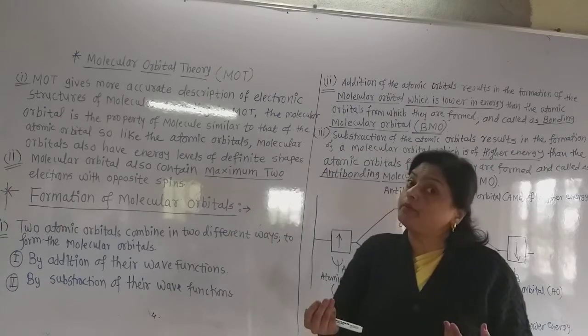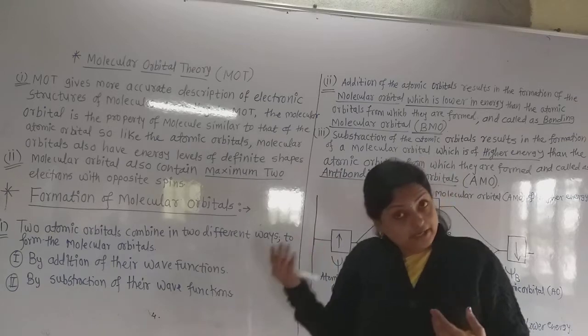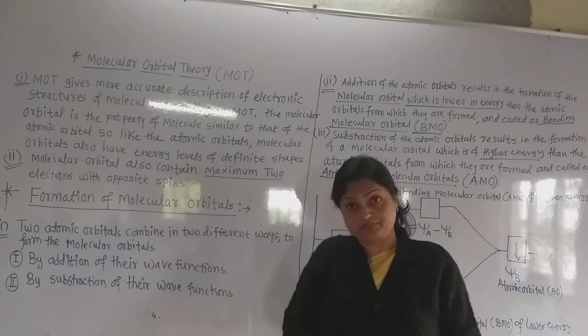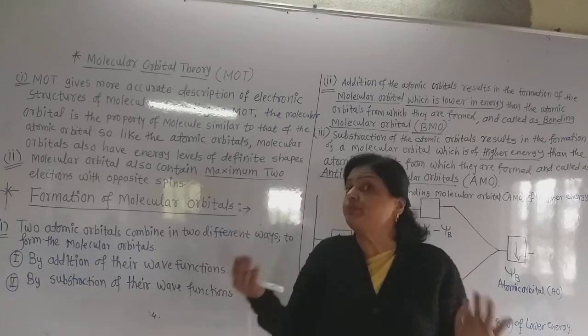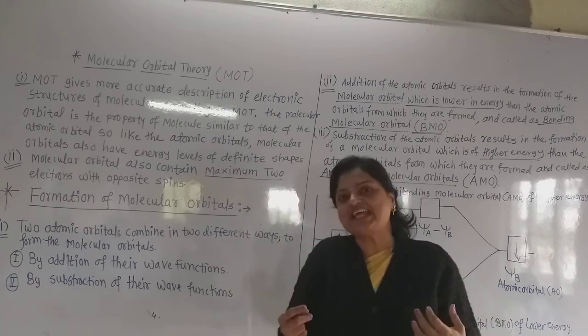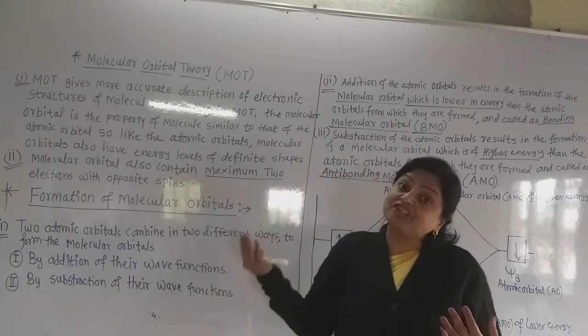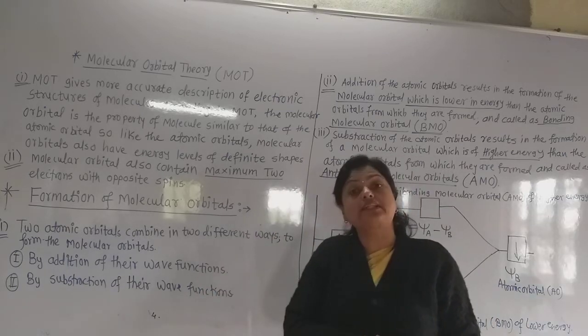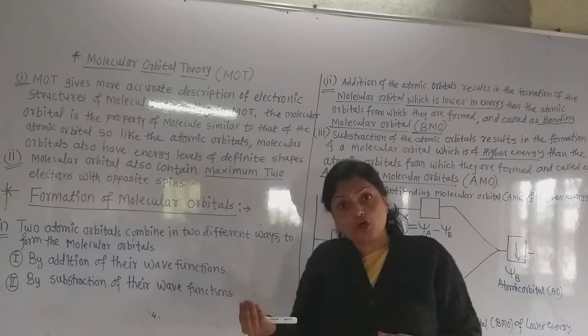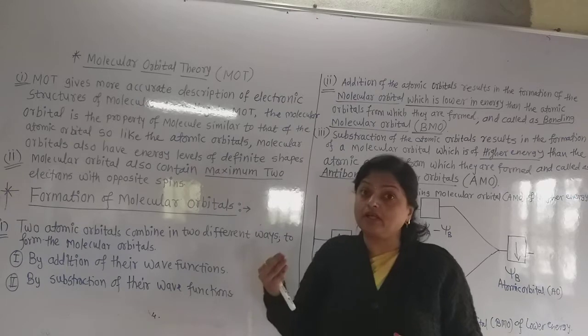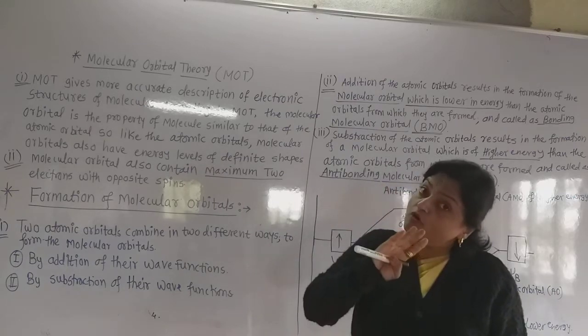Molecular orbitals are bonding molecular orbitals and anti-bonding molecular orbitals. They have different symbols, such as sigma, sigma star, pi, pi star. As atomic orbitals are 1s, 2s, 3s, 2px, 2py, 2pz, molecular orbitals are somewhat different.